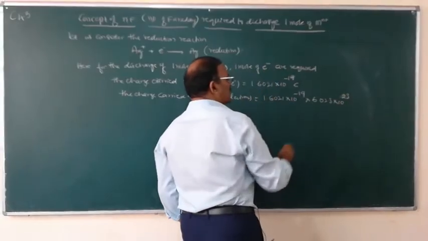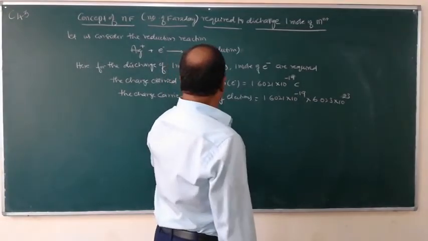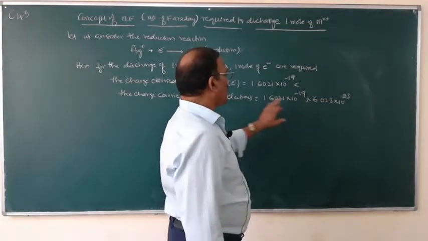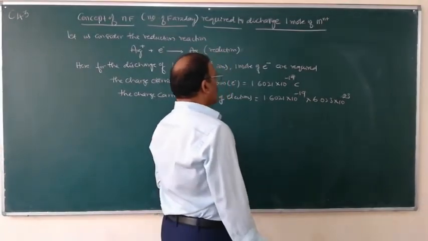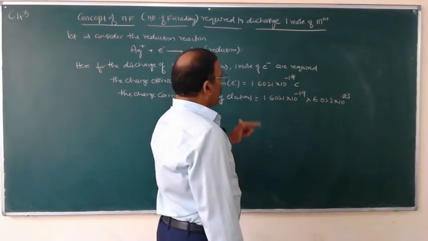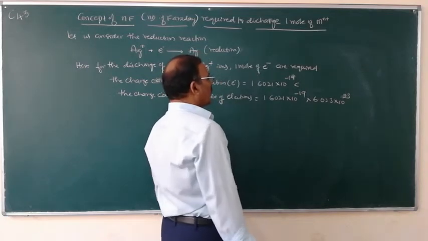This is Avogadro number. 1 mole of electrons means Avogadro number of electrons. Therefore, the charge carried by 1 mole of electrons means the charge carried by Avogadro number of electrons.